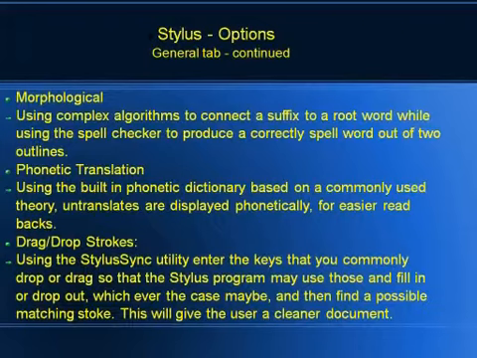For most dictionaries that get converted over from different CAT softwares, they will automatically get these morphed endings from us. So when you're writing, you should be able to see this working properly. The next one is phonetic translation.